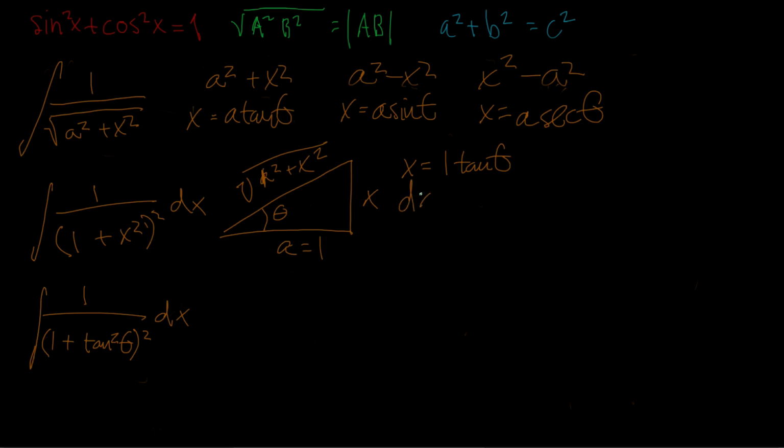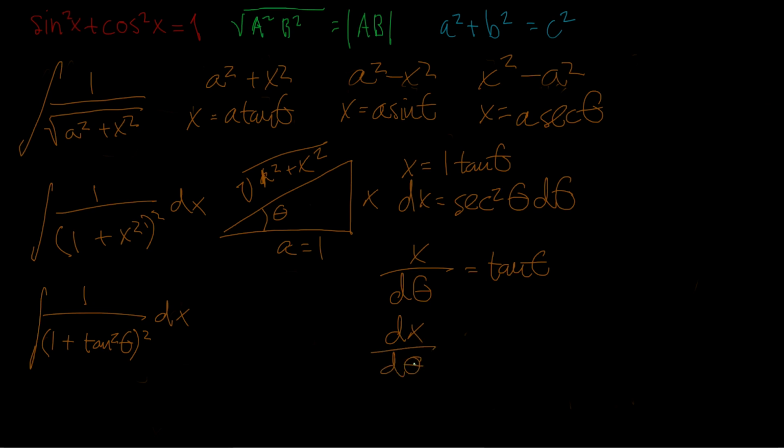So we need to somehow, the derivative of x is just going to be the derivative of tangent, which is going to be secant squared theta d theta, right? If we took the derivative of x with respect to theta, of tangent theta, we would get dx d theta equals secant squared theta, and then we just move that d theta over to that side.